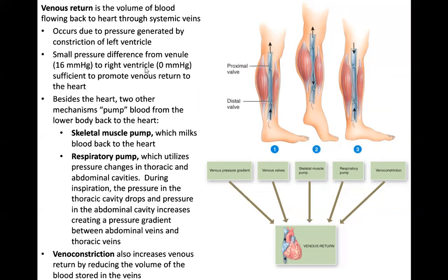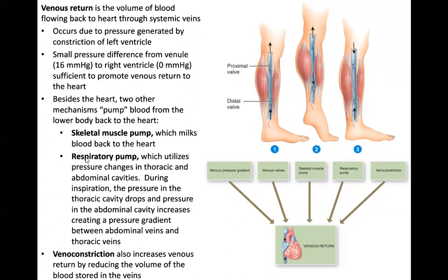Now, back in our lymphatic lecture, we talked about the muscle pump and how that helps promote the movement of lymph. The same thing exists here with the return of blood from places like our legs that we show here. And the valves in our veins, which I talked about earlier, help prevent blood from flowing back when our blood moves forward. It's only going to go in one direction.